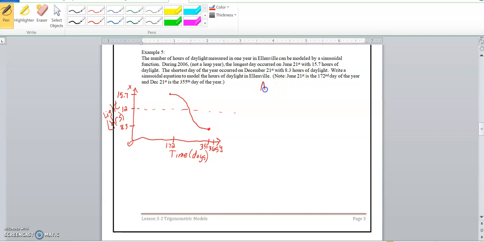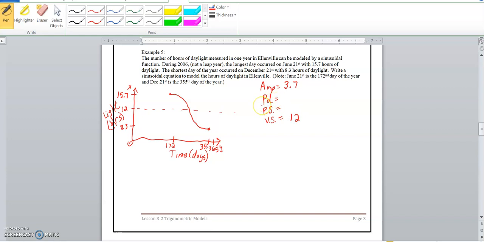First thing we're going to do is identify those key points. Our amplitude is from 12 to 15.7 or down to 8.3. So that is an amplitude of 3.7. Our vertical shift, remember that midline should still be at 0, but it's up at 12.